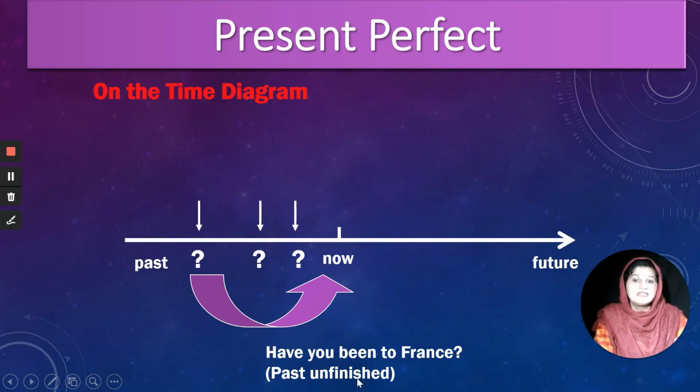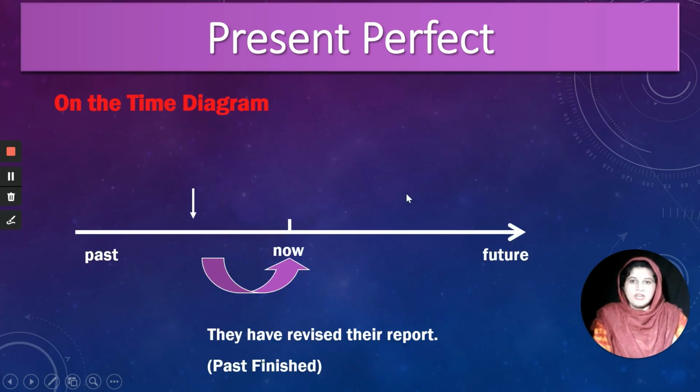But this is called past unfinished time period. Now let's move towards another expression of present perfect, and that is past finished. They have revised their report. Any action which was done in the past and it is finished, right? And it is still true now. They have revised their report, right?